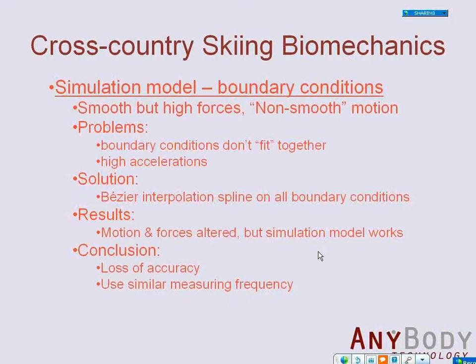With the Bezier interpolation spline, motion and forces are of course altered, but the simulation model works. But there is a loss of accuracy, and it's possible you should use the same measuring frequency.